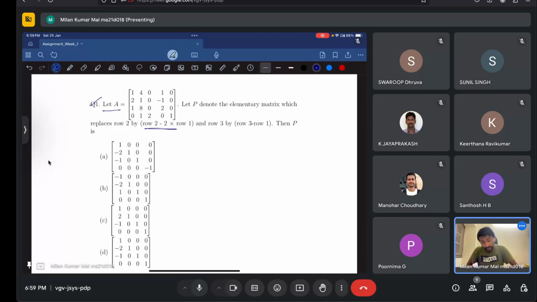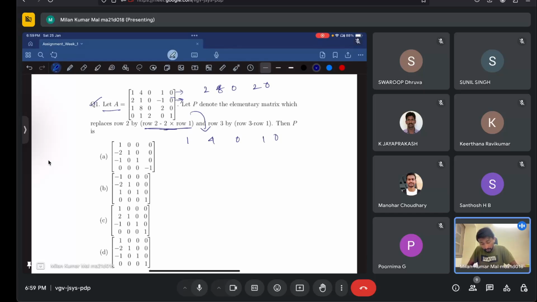So first, from row 2, we will multiply row 1 by 2. What will it be? It will be 28020. And the second row stays as it is, and we will subtract this from row 2. This is the first elementary row operation we are doing here.